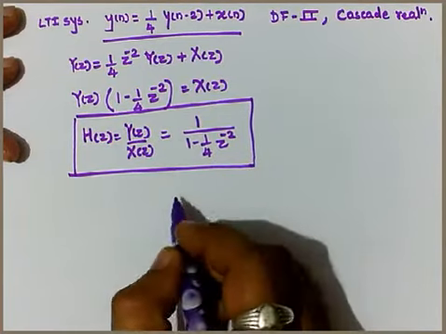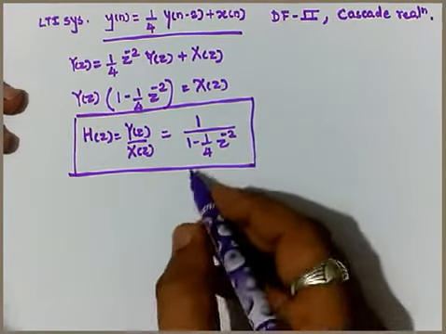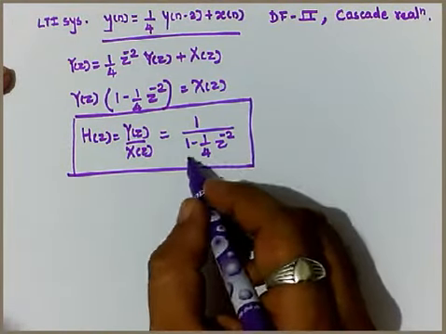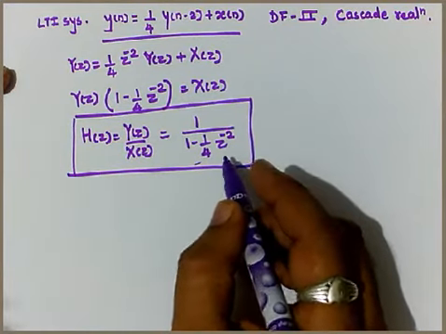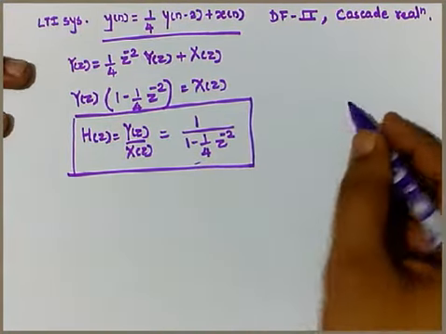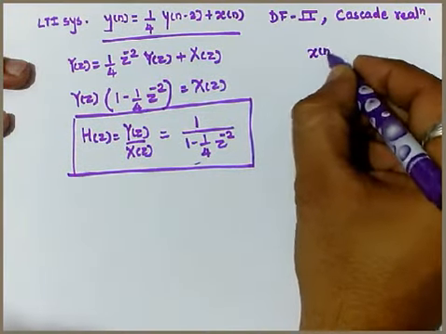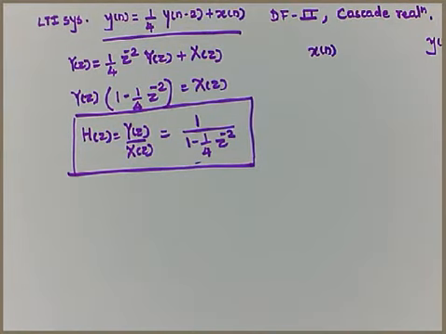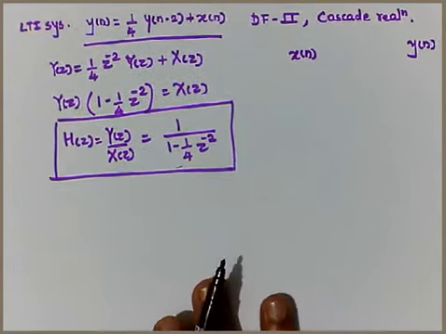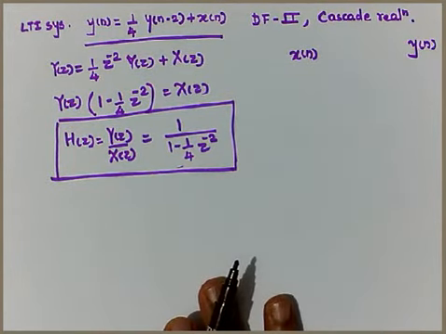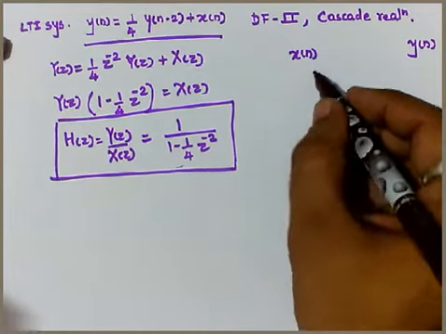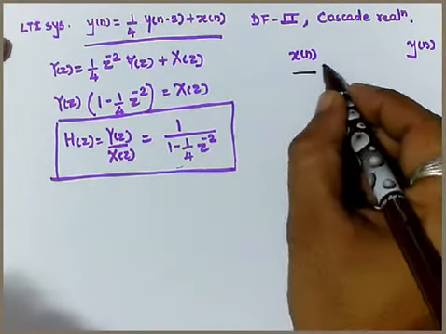Once the h of z is done, then the all pole system we need to write at the start. From this, the all pole system is nothing but 1 upon 1 minus 1 by 4 z raised to minus 2. So in the direct form 2 realization, x of n will be y of n directly, because there is no term for all zero; all zero is absent for this example. So let's proceed to write here x of n.